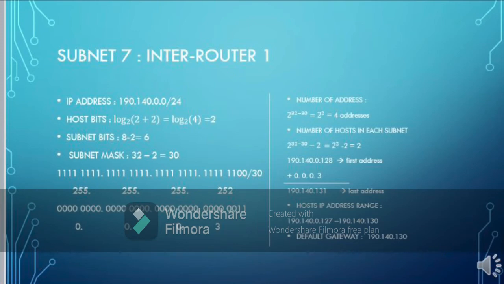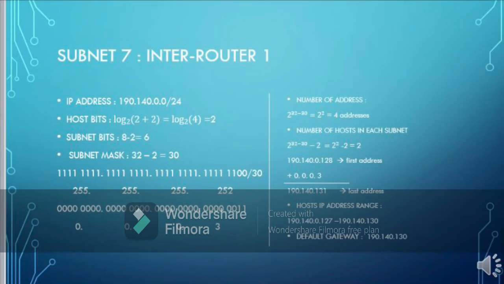And then we can change it into binary numbers. So for binary numbers, we have 30 ones and 2 zeros. Then change it into decimal, which we will get 255.255.255.252.